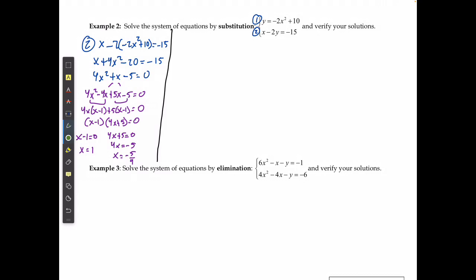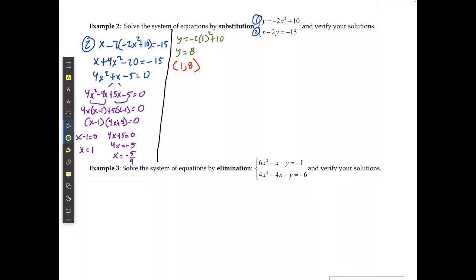So for my first possibility, if x is equal to 1, then y is going to equal negative 2 times 1 squared plus 10. In this case, y would equal 8. So I have a possible solution of 1 and 8.